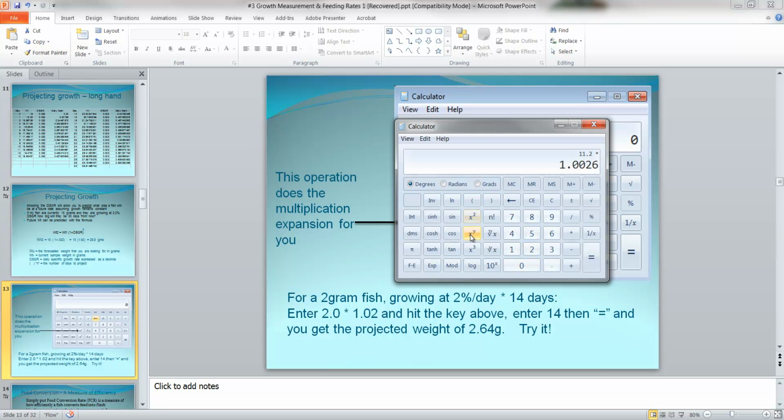And then how far are we going to project? Let's go 14 days again. So 14. And this is typing in here what we actually typed in. So 2 weeks from now, they're going to grow from 11.2 to 11.6. Not a lot of growth, but a 0.22% gain per day is not much. And that's over 14 days.